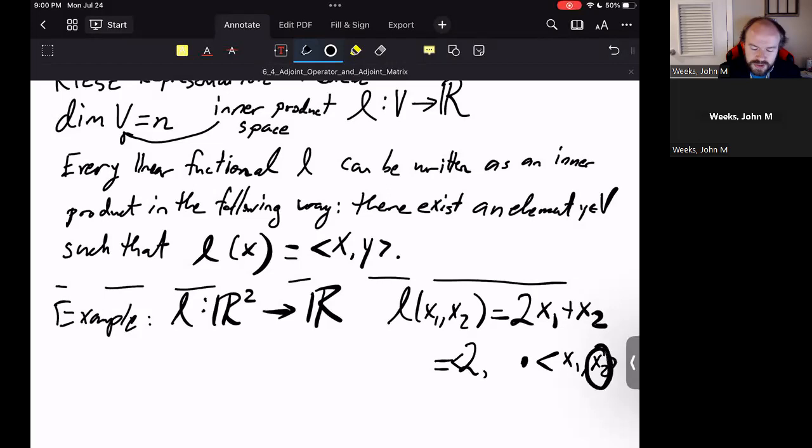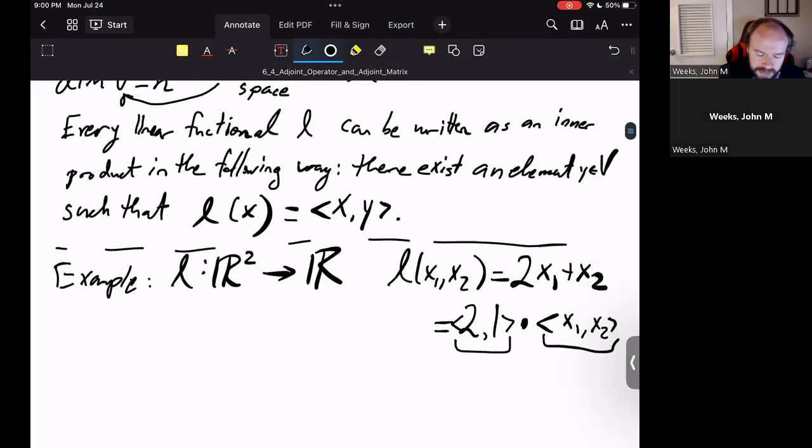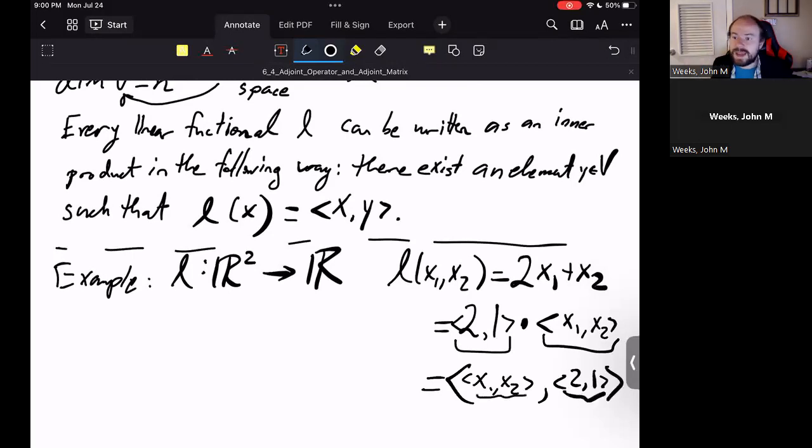And x2 is just by itself, so why not multiply it times 1? So this ends up being the inner product of x1, x2 with 2, 1. The vectors, of course, are the things inside, and the outside brackets are for an inner product.